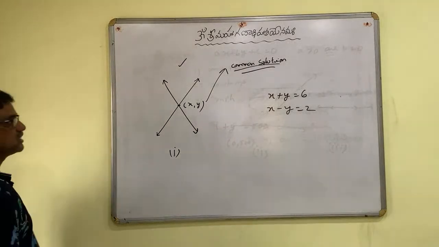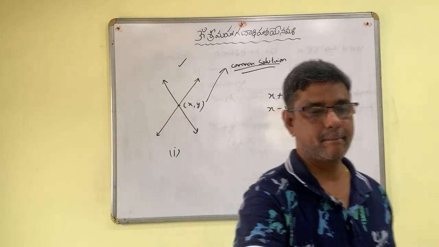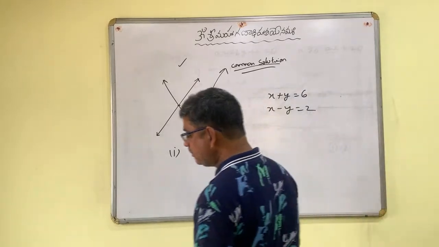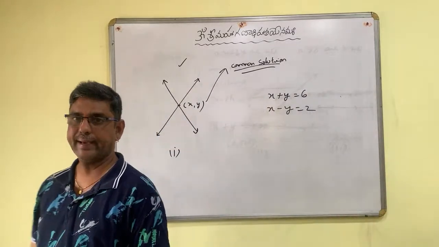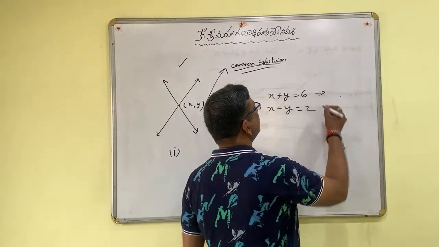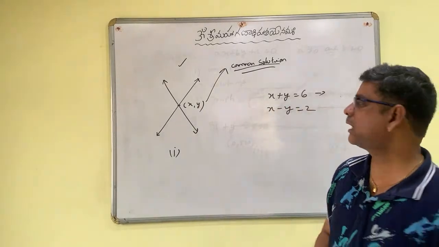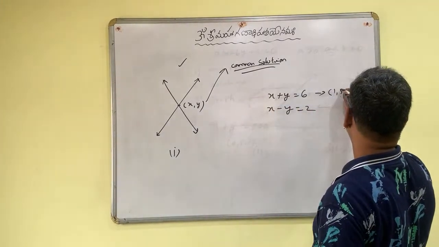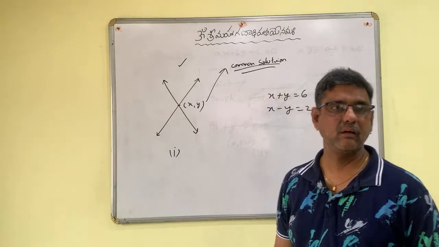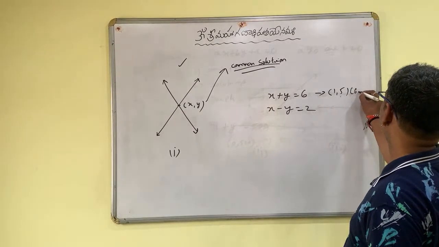You tell me the solutions for this. 2x plus y is equal to 6. What are the two solutions that we have taken? 1, 4. 3, 0. Okay.